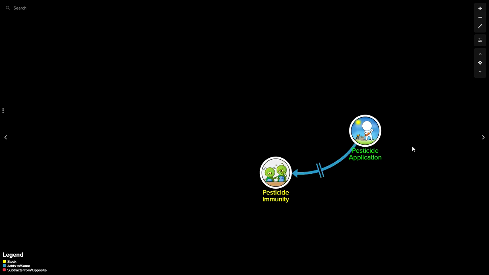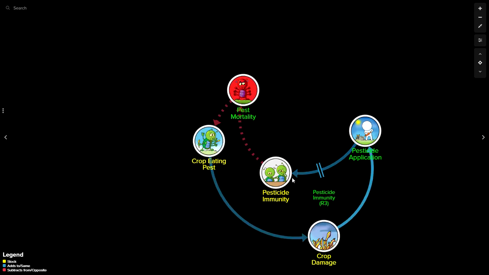Come to find out, the pests have this nasty habit of developing an immunity to the pesticides that I employ, which further decreases pest mortality, which increases the number of crop-eating insects, which relates to more crop damage, and I have another vicious reinforcing structure moving me in a direction that I don't want to go in.